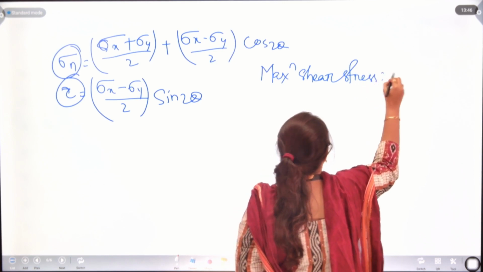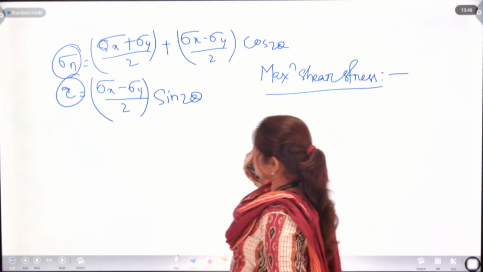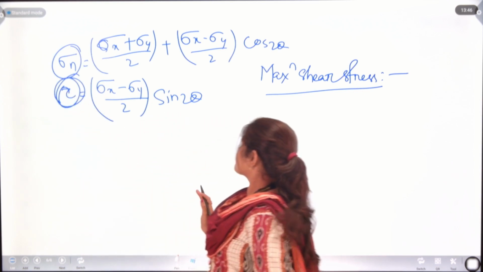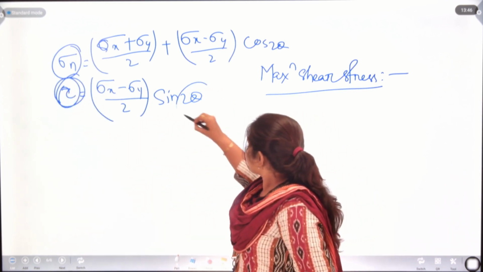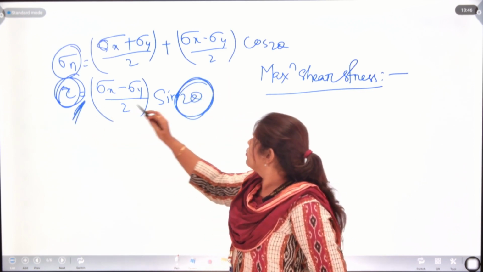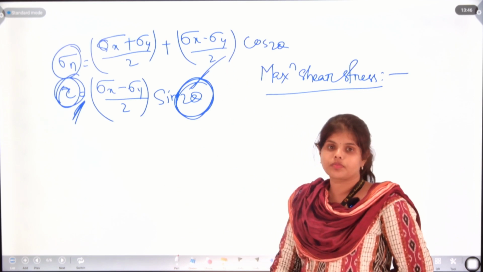What will happen? Maximum shear stress. We know that tau is our shear stress, so everything depends upon the value of tau, which depends on theta.